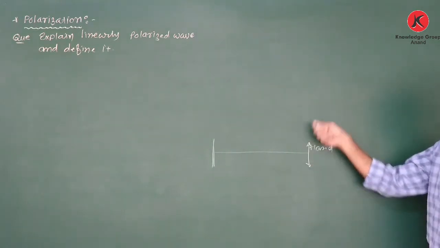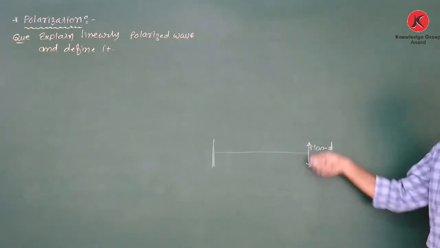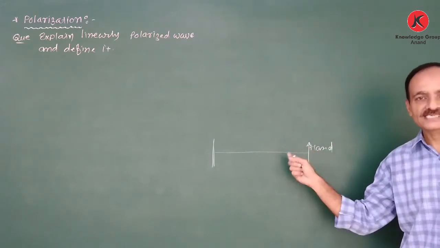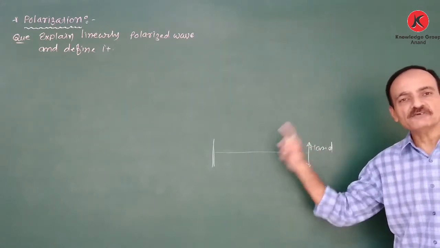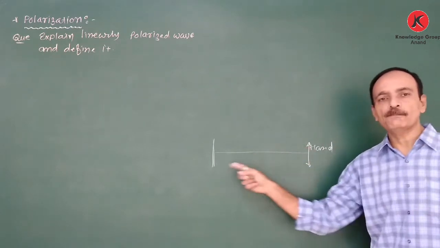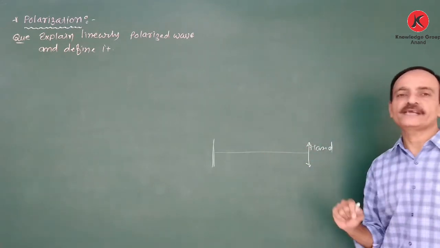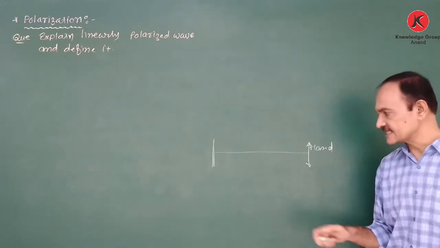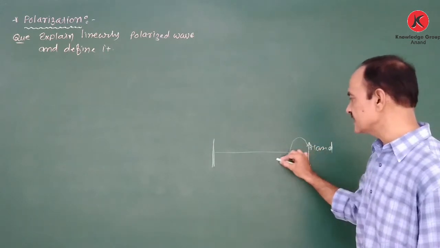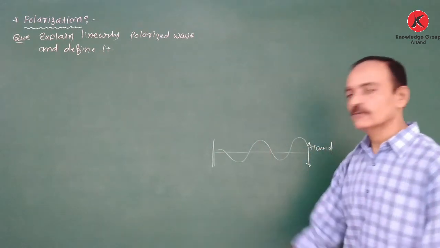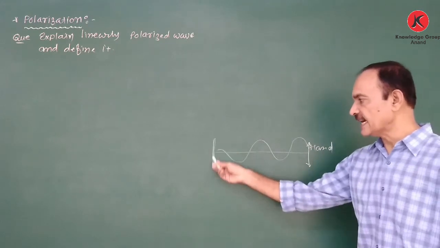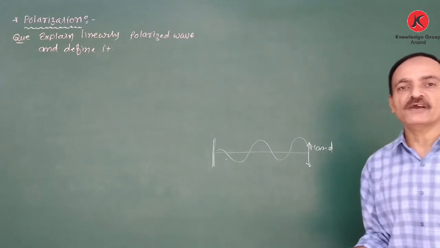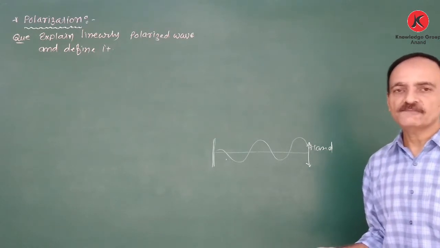As we periodically move this end up and down, the disturbance is produced in the string, that means waves are generated, and these waves propagate in the horizontal direction, either the positive x direction or the negative x direction. There is the incident wave, and this incident wave is reflected from the rigid support, as we already learned in 11th standard in the waves chapter. Incident and reflected wave.